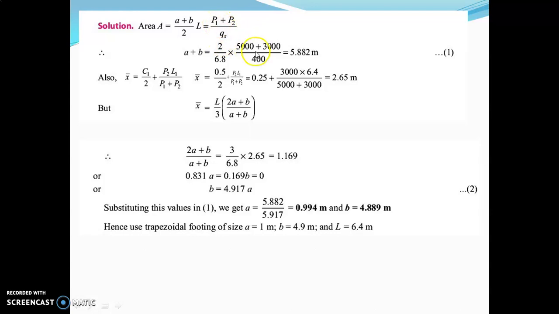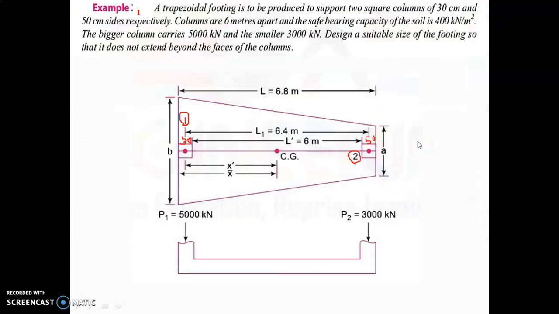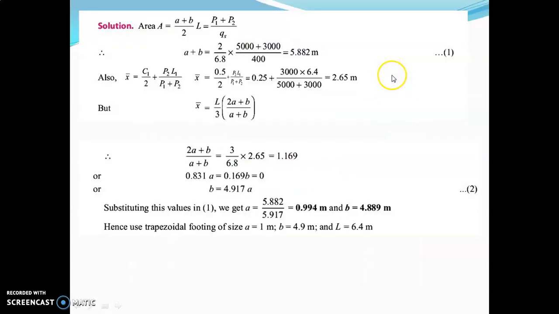Here L is 6.8. P1, the load carried by column 1, is 5000, plus the load carried by column 2, 3000, divided by QS, the bearing capacity of the soil, that is 400 kilonewton per meter square. Substituting here, you get A plus B equal to 5.882 meters. Let it be equation 1.